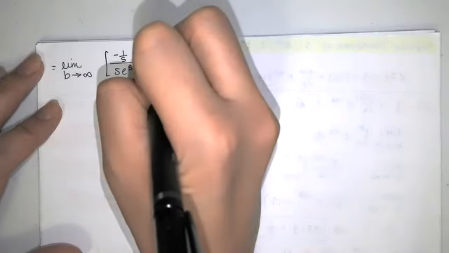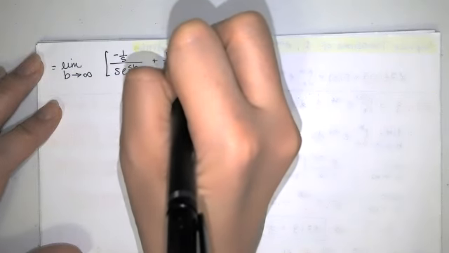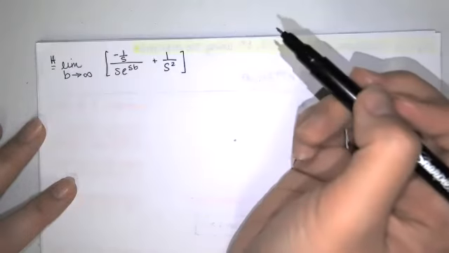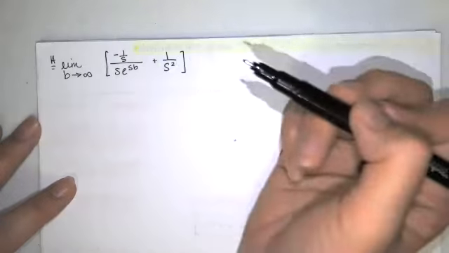We'll have negative 1 over s in the numerator and an s times e to the sb in the denominator. That first one is due to L'Hopital's rule, and that second one is just the limit of the sum is the sum of the limit. So I'm just sort of keeping that around.